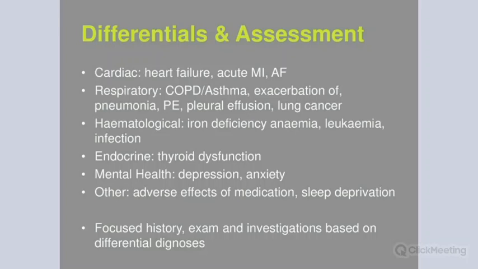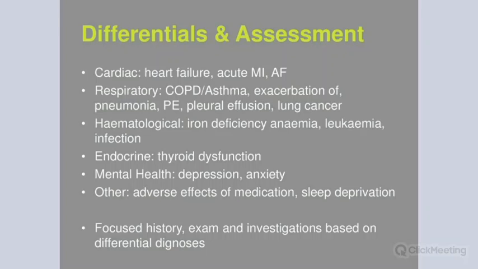So the differentials that they have listed are split up quite systematically, and you do need to be systematic when you are presenting your answers. That is one of the marking criteria. For this particular case, differentials would include heart failure, acute MI, atrial fibrillation, COPD or asthma, an exacerbation of either of those 2, pneumonia, PE, pleural effusion, lung cancer.